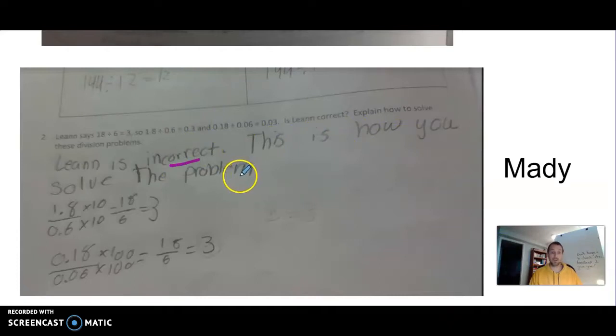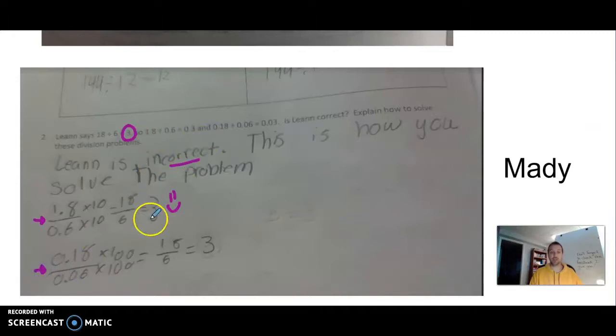All right, I like it. She knows the basic fact of 3 here, but she went ahead and turned it, just as Emerson did, into a fraction, made an equivalent fraction by multiplying by 10, and came up with 3. You'd have 3 shaded pieces, or 3 parts. And she did for the second one as well. She didn't really have to at this point.